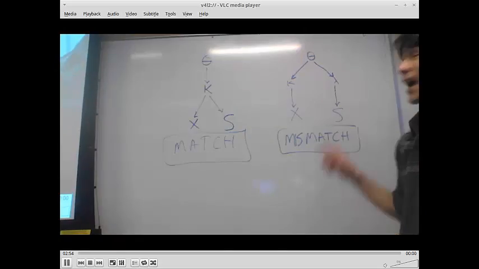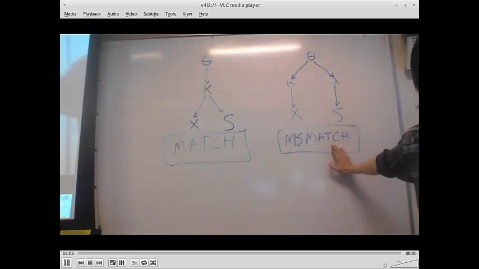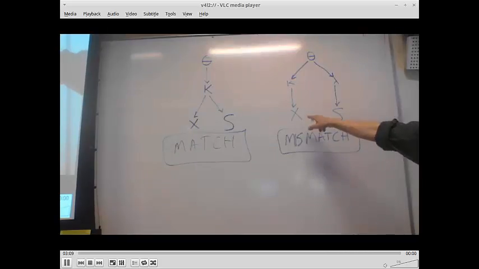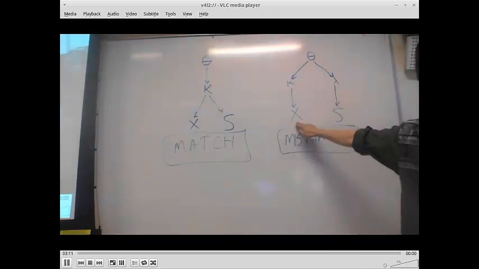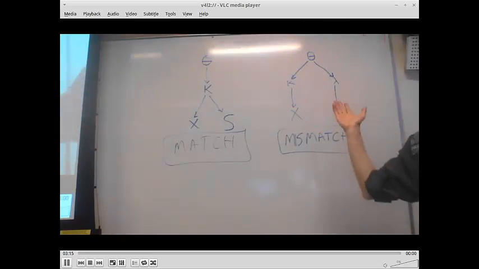That really should affect our judgment between match versus mismatch. Because, for example, in the case where it's a really, really common marker, it's not that surprising under the mismatch model. You're still going to have a high likelihood of seeing situations where you detect it in both the X sample and the S sample, just because it's a really common marker, right?